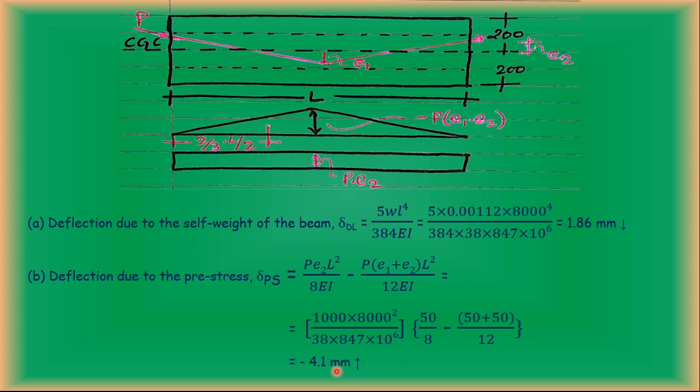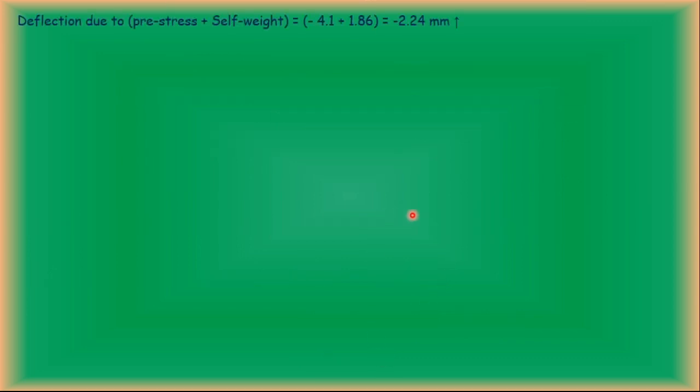The value comes out to be minus 4.1 mm, deflection acting in the upward direction, which is due to pre-stress. So the deflection due to pre-stress plus self-weight is minus 4.1 plus 1.86, which is minus 2.24 mm, acting in the upward direction.